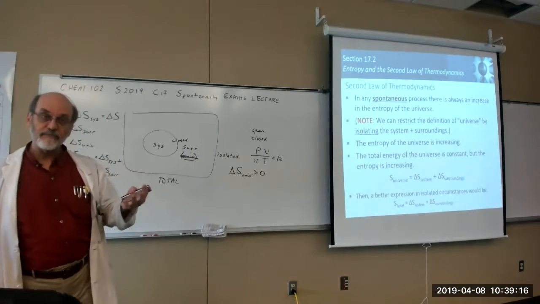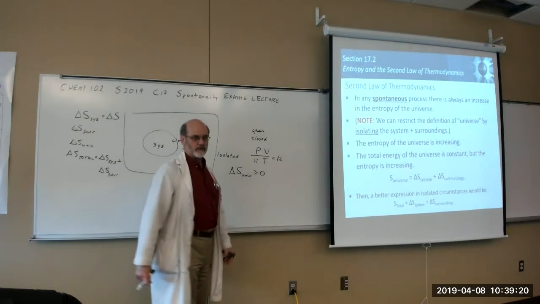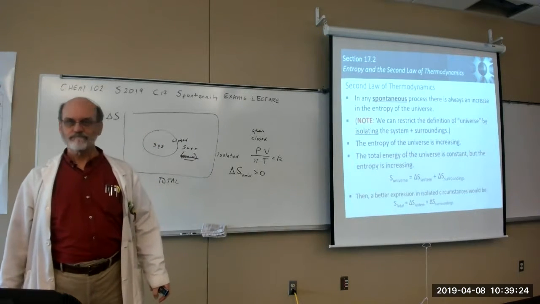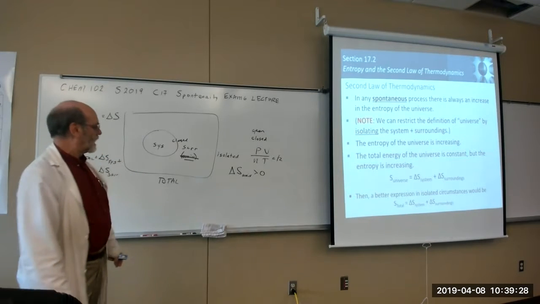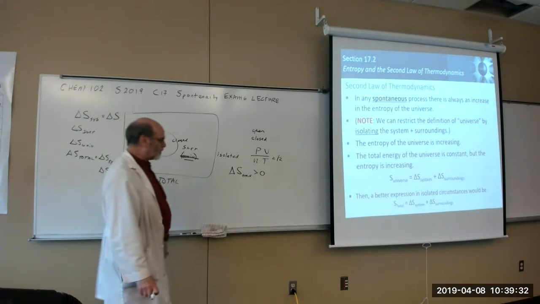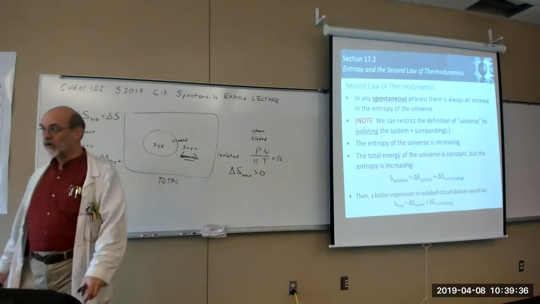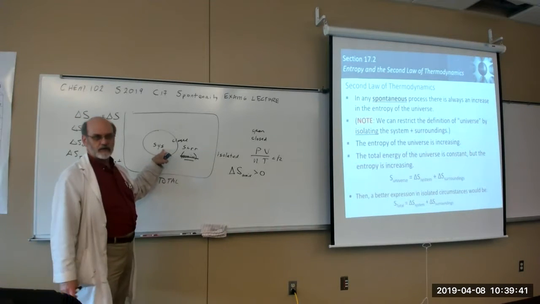So then that begs the question, how do we get delta S for our system to go backwards, to be less? By isolating the system. I'm sorry? By isolating the system. That's part of the reason. We have to couple one system with another one, or do something out here that will cause the entropy in here to decrease.